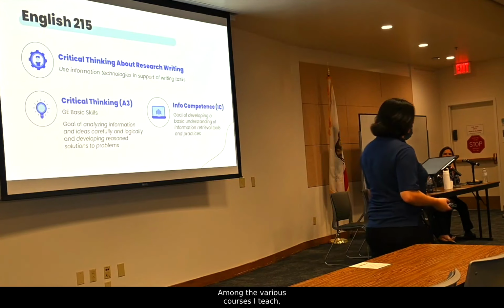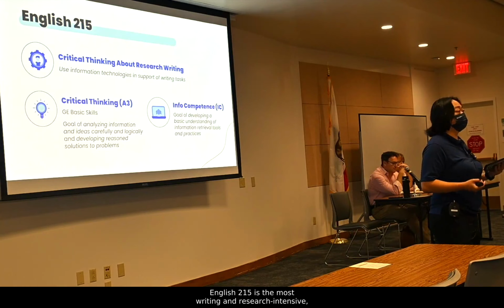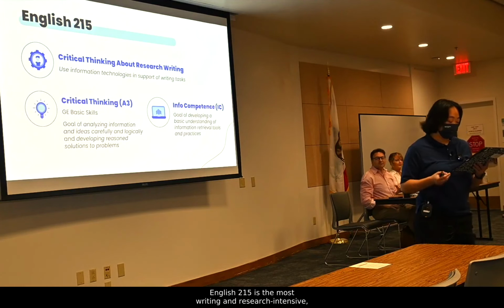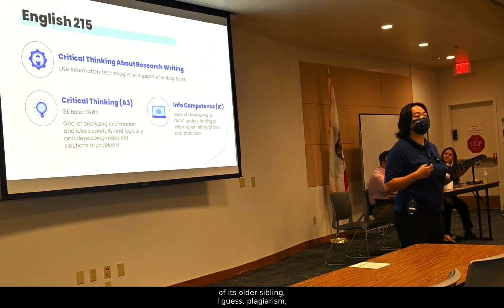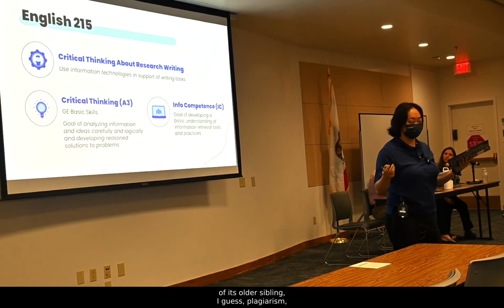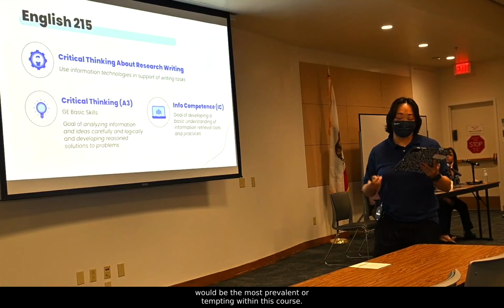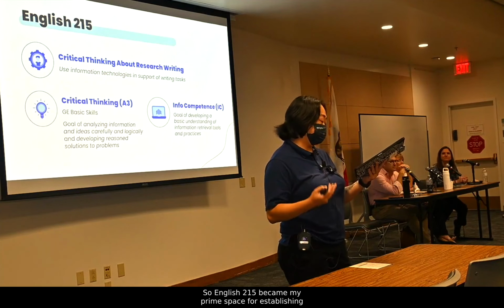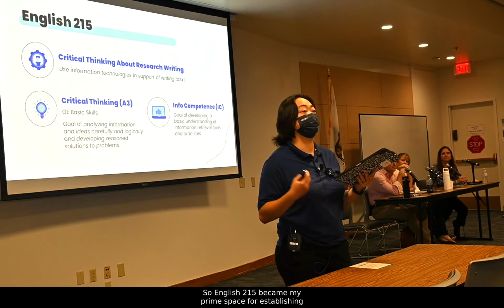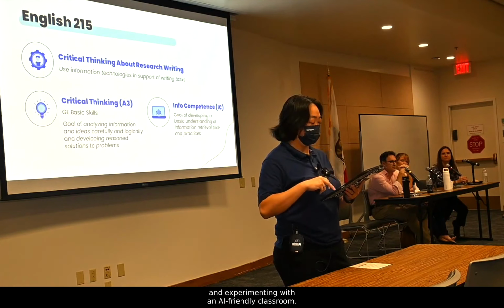Among the various courses I teach, English 215 is the most writing and research intensive, so generative AI's impact, much like the impact of its older sibling, I guess, plagiarism, would be the most prevalent or tempting within this course. So English 215 became my prime space for establishing and experimenting with an AI-friendly classroom.